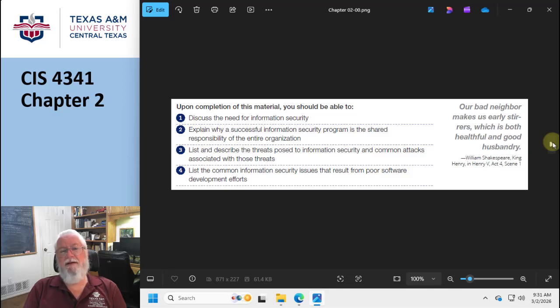Let me just tell you, say, for example, that you have only a casual idea where all the PCs are, and you had no idea that in a broom closet somewhere there was a PC set up as a print server, and you didn't even know it existed. Well, let me tell you, you cannot protect PCs that you don't even know exist. Okay, so you need to know yourself, and you need to know your enemy both.